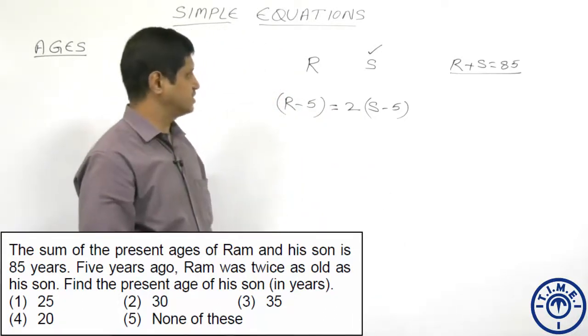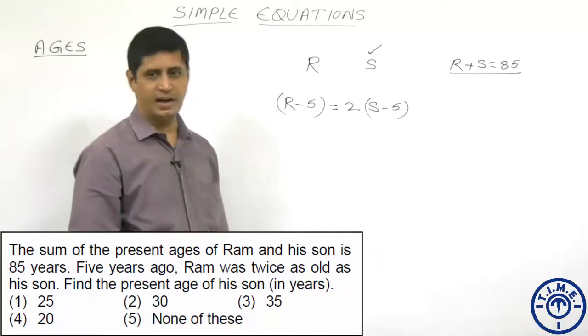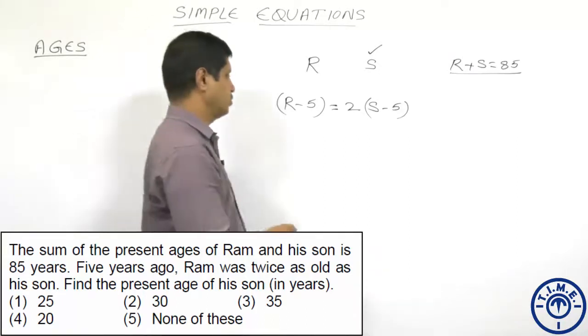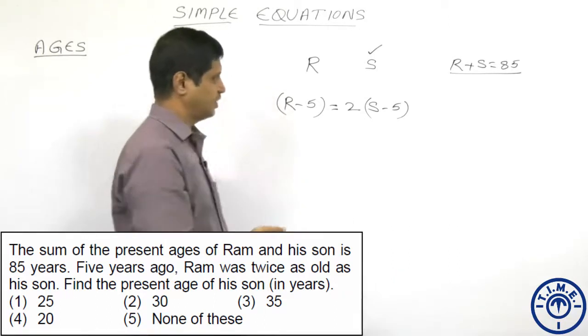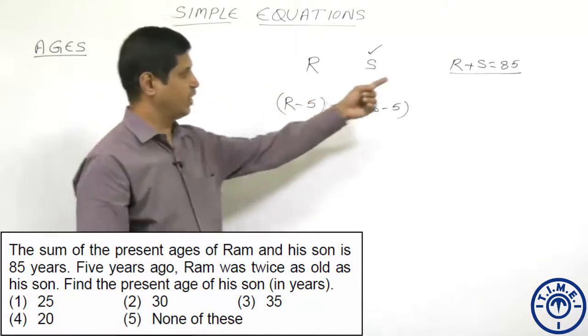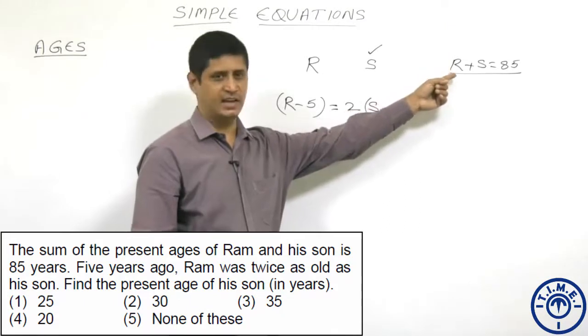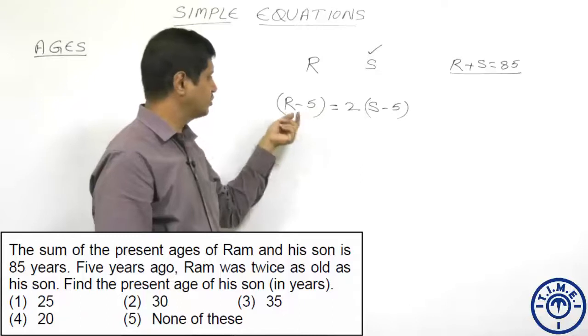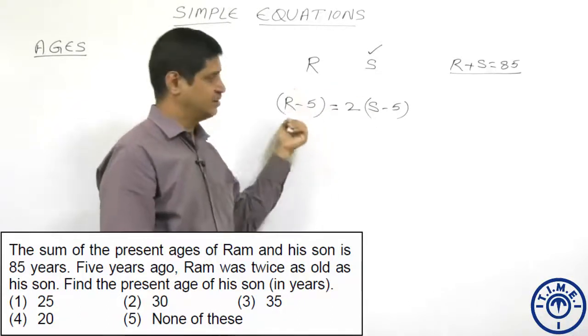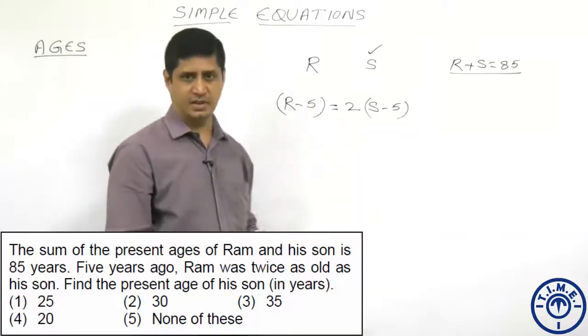Now solving this, we get the R and S values. What to find? S. Simplify. What is the equation we get on solving this? Already we have one equation, R plus S is 85. To form another equation, take variables on one side and numbers on the other side.